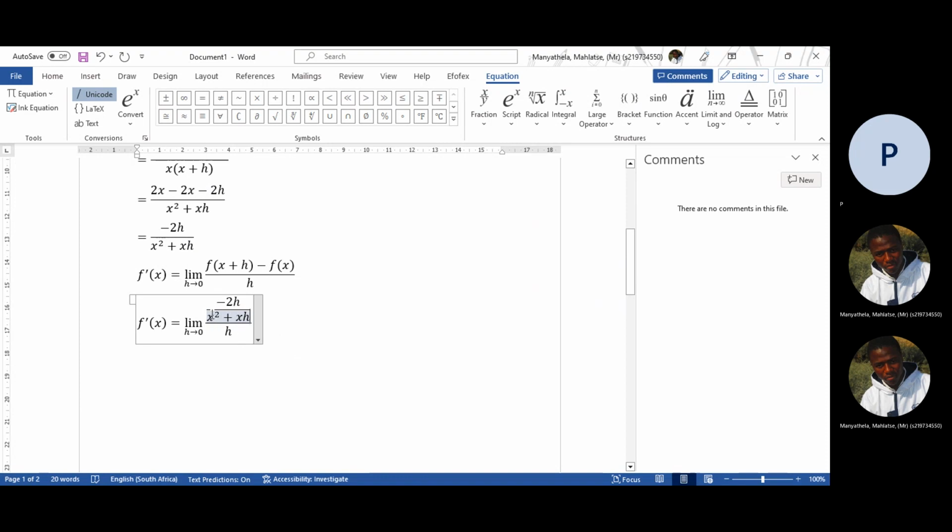I want to simplify this to avoid having too many division lines, so I'll take this h and bring it here.